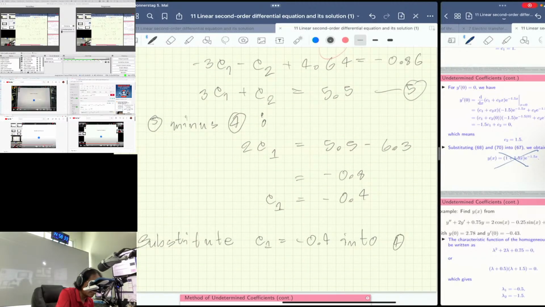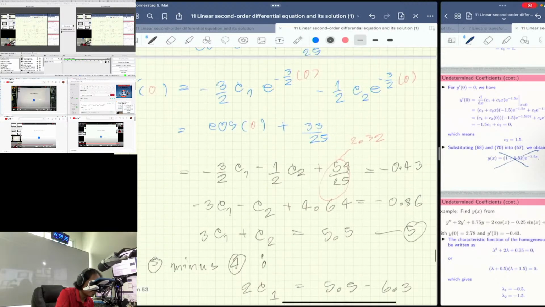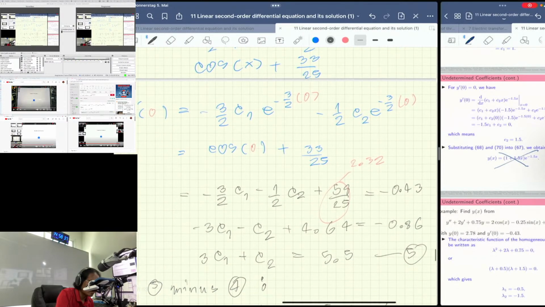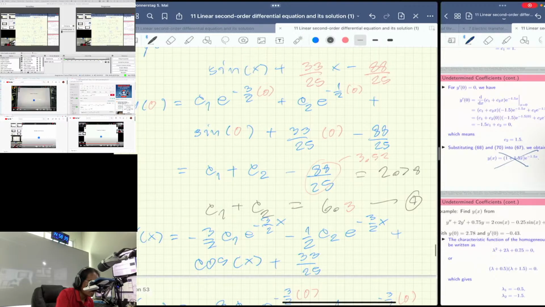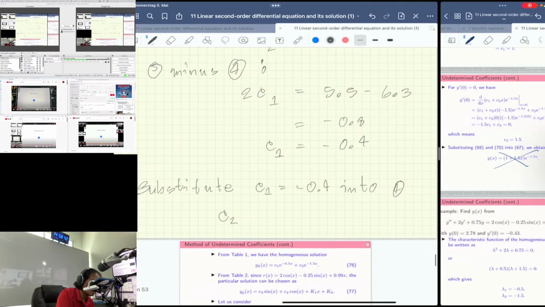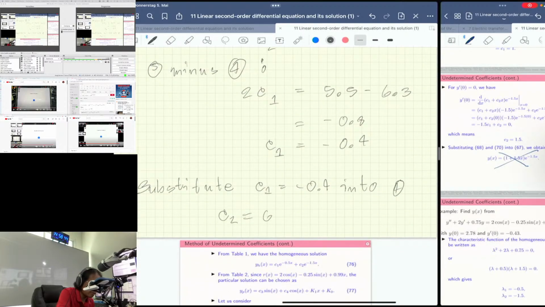We will get C2. 6.3 minus C1 minus 0.4. So plus is going to be 6.7.